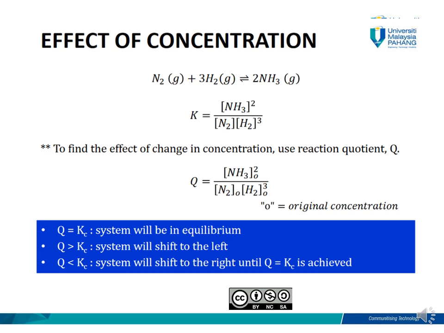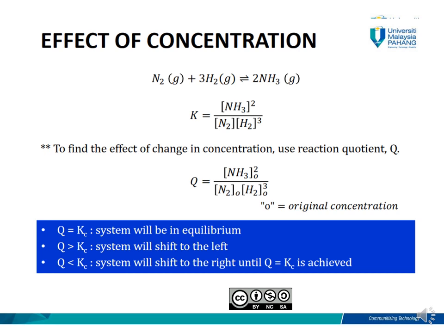So basically, when we try to identify the effect of changes when a disturbance enters the system at equilibrium, we will use another term. Here you can see it represented as Q. So what is the difference between K and Q?